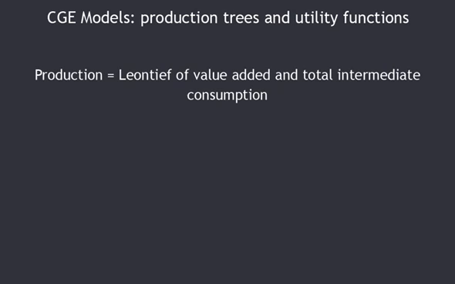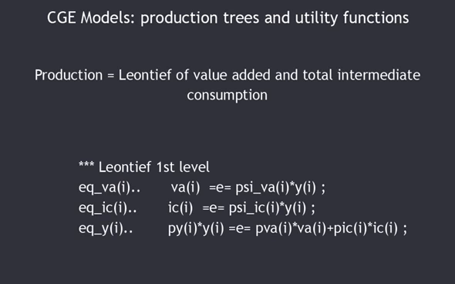So we model production as the Leontief of value-added and total intermediate consumption. It means that value-added and total intermediate consumption are complementary in volume terms, so there is no change here as compared to the previous versions of the model. So the first level of the Leontief consists of three equations.